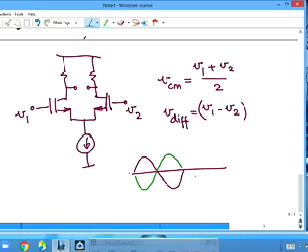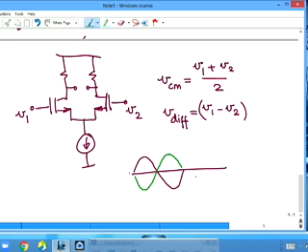Let me give a practical example. Suppose I have a signal and I have an interferer. Suppose this is a communication system. Now V1 has an interferer, V2 has the same interferer. So V1 is a good signal plus an interference. V2 is another good signal plus the same interference.